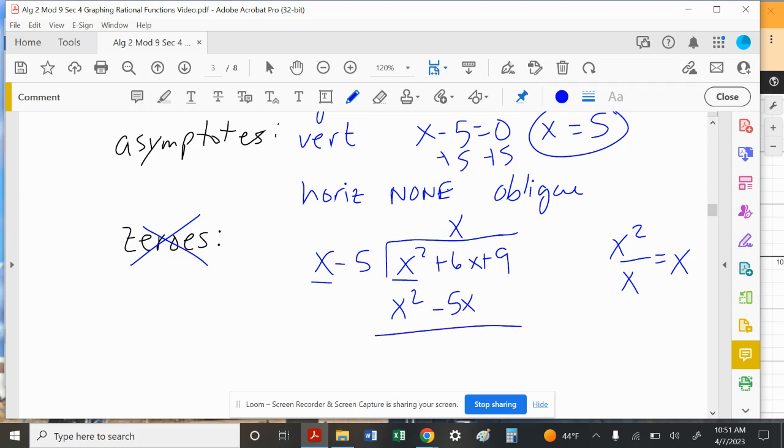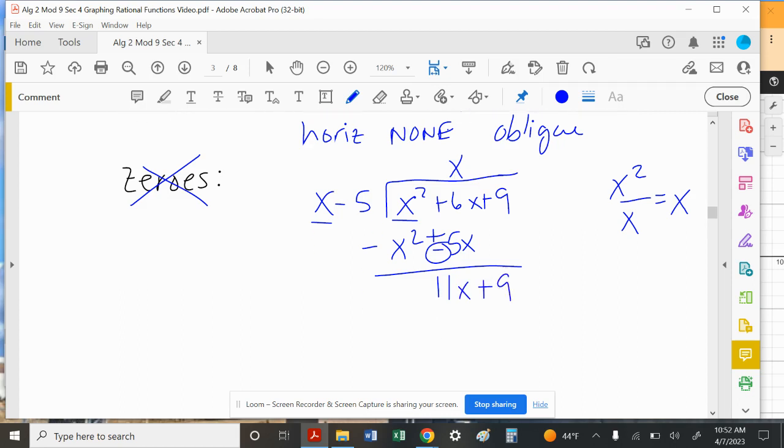I'm then going to change the sign of both of them, so that negative is gone. So I have x squared minus x squared, which should cancel. Then I have 6x plus 5x, which is 11x, and then plus 9, which I just brought down. Now we divide 11x by x, which is just 11. It's positive, so we write positive 11 up here.